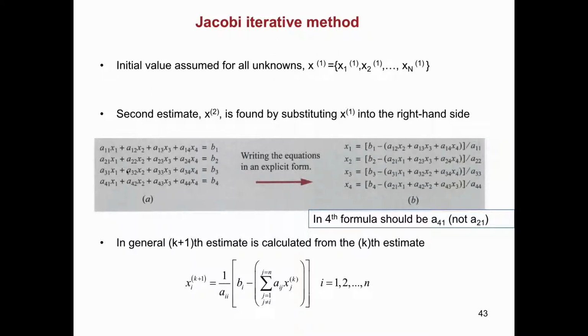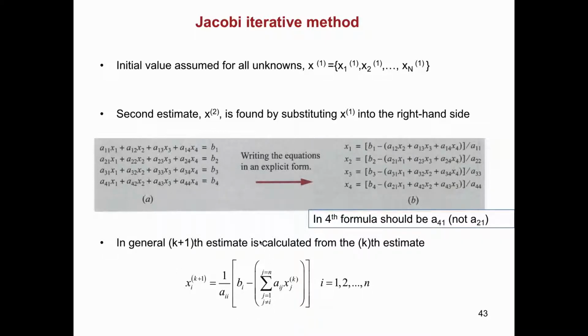We transformed the original set of equations as follows. I expressed x1 from this equation, and this is what it is: b1 minus this sum, divided by a11. Then I expressed x2 from this equation. x3 is expressed like this, and x4. If I had more equations, I would get the same.